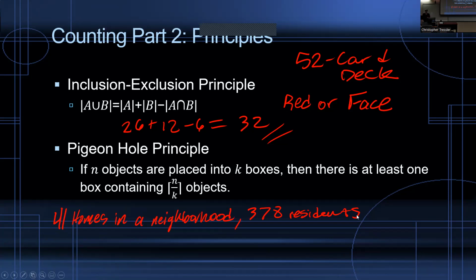And now we have a question that says, what is the minimum number of people in the largest household possible? So we're going to use this little formula right here, which is basically the definition of the pigeonhole principle.